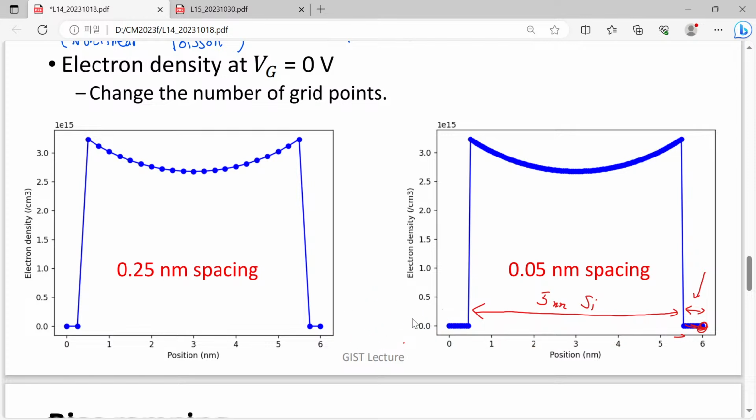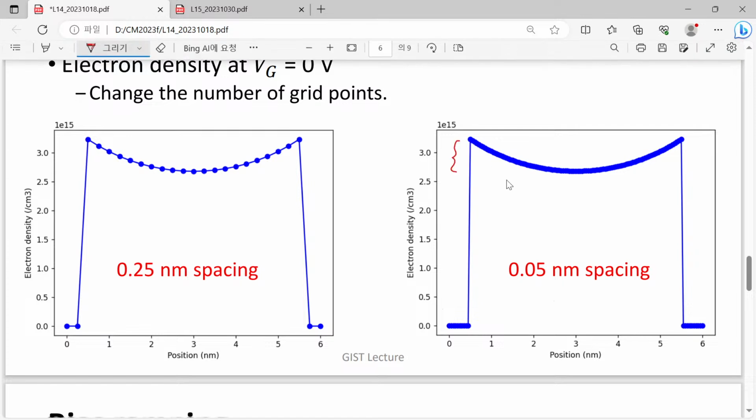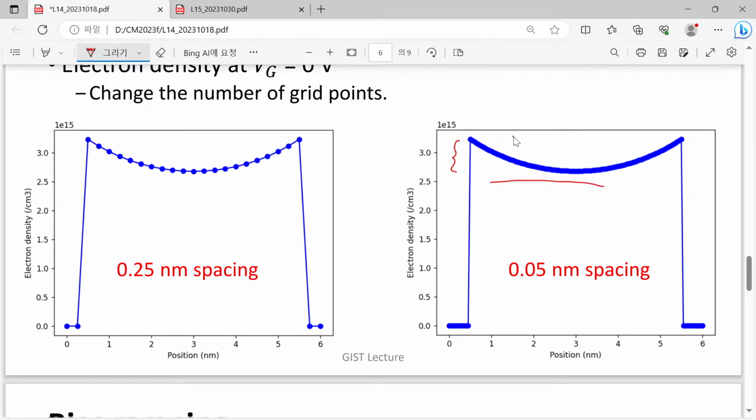By solving your nonlinear Poisson equation, you can get this result, which will be assigned as your homework problem. But please note that when you apply 0 gate bias to this device, what is the value of your electron density? Can you read it? What is the range of it? It is per cubic centimeter.